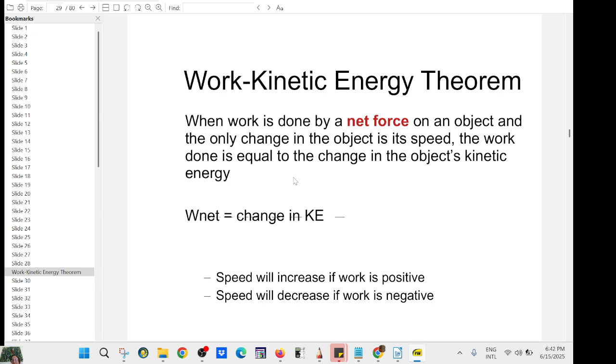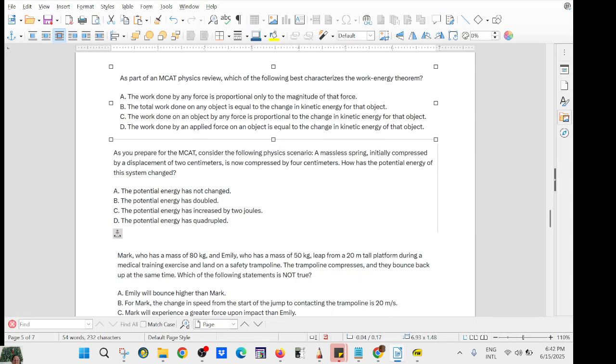So if you isolate a system, not including the Earth, just the system, and you look at the net force, if there is a net work done by a net force, then there is a change in kinetic energy. It's going to move faster or it's going to move slower. So it's just the definition here. You can refer to my slides.